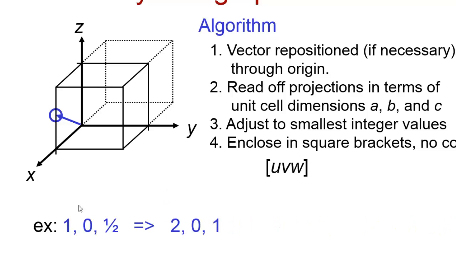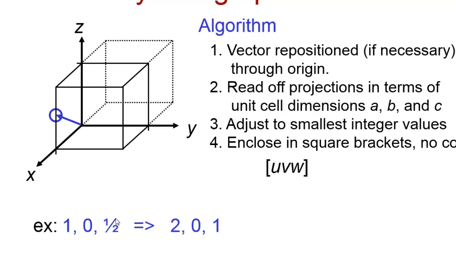Now we do not want to have any fractions in our directions or our planes. We can have them in our locations, but we want to make a common way of expressing our directions. So what we do is we make sure that we multiply through or divide through so that we have basically a simplified form of our projections that we read off to begin with.